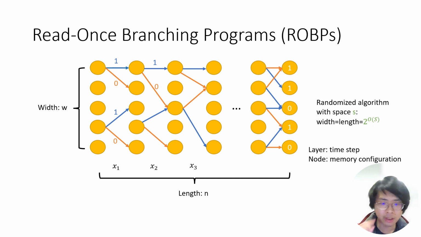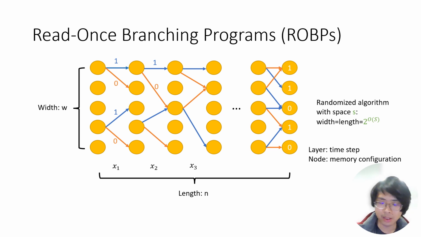Each node in the layer represents the memory configuration at that time step, and the edges determine the next memory configuration when the random bit is 1 or 0. On the slides, each edge is labeled with 0 or 1. In the last layer, we use a label that is either 0 or 1 to represent the final output, so a random walk from a starting state in this read-once branching program to the last layer would simulate the randomized algorithm.